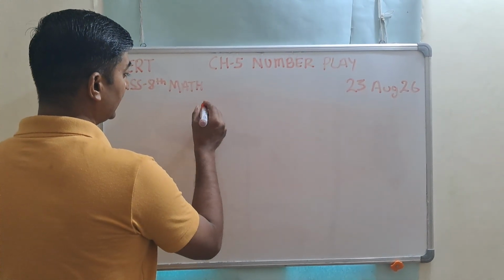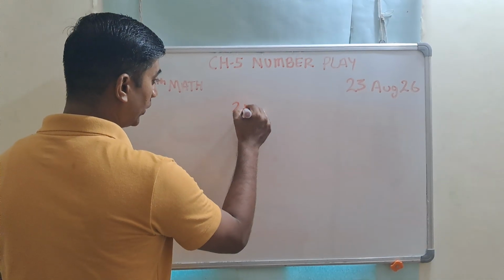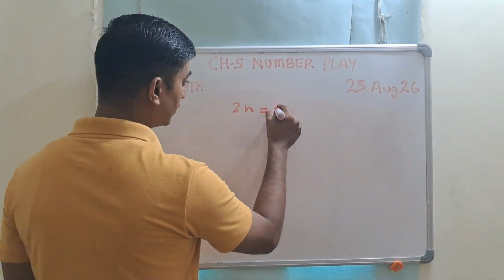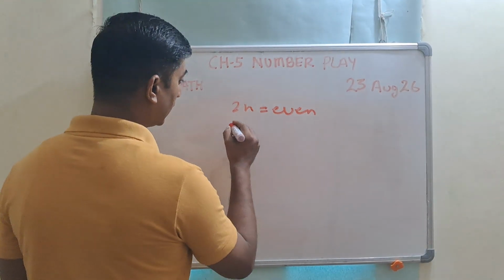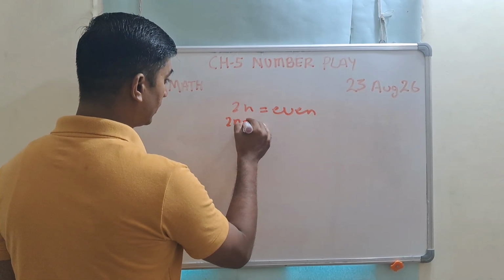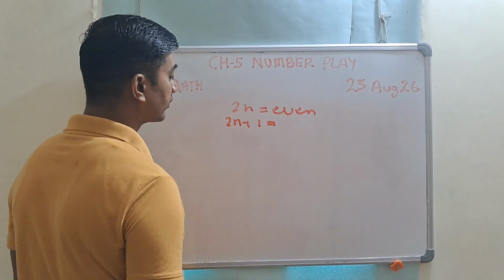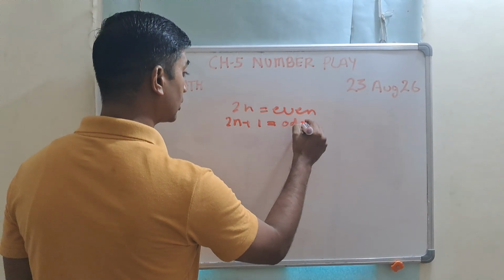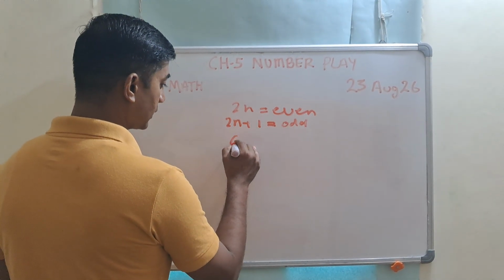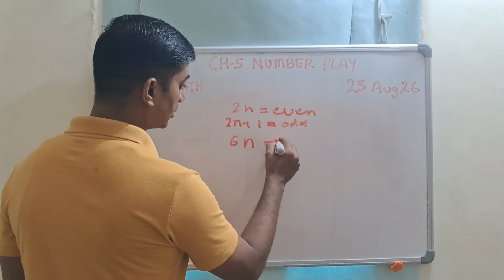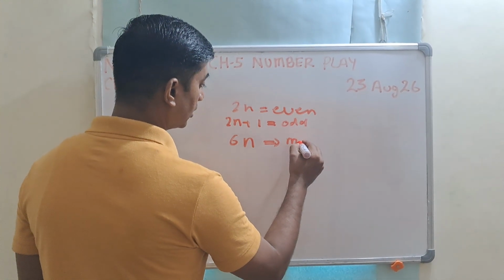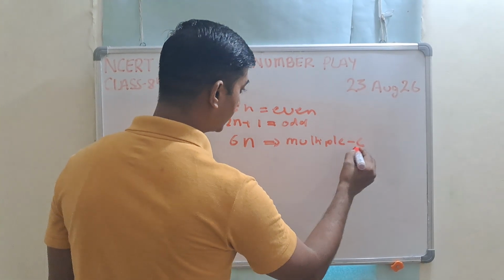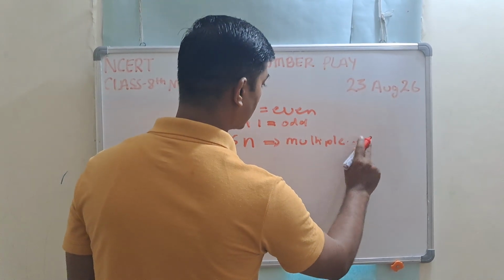So we take 2n as an even number definitely, and 2n plus 1 is an odd number, and 6n is always a multiple of 6. Understood?